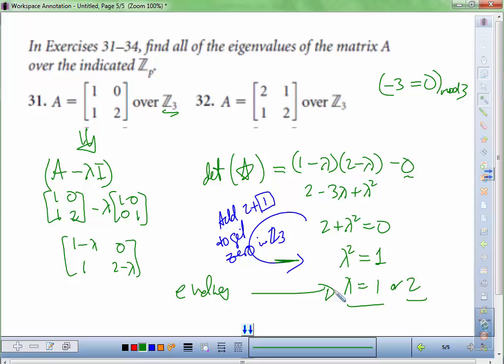The book talks about a picture, a way to picture this. That's kind of interesting. And the way to picture this is to first look at the definition of what an eigenvector is and an eigenvalue.